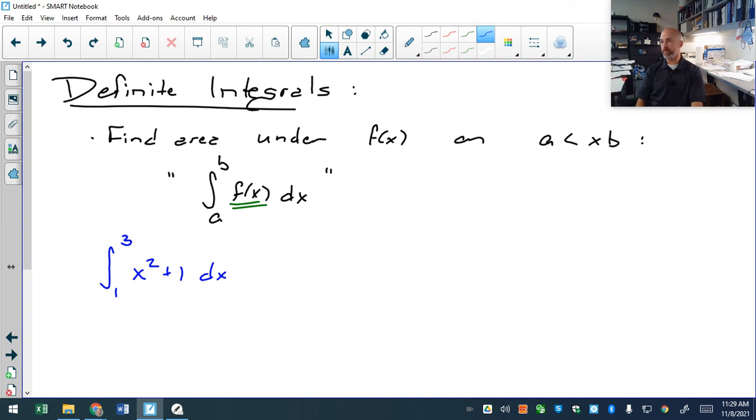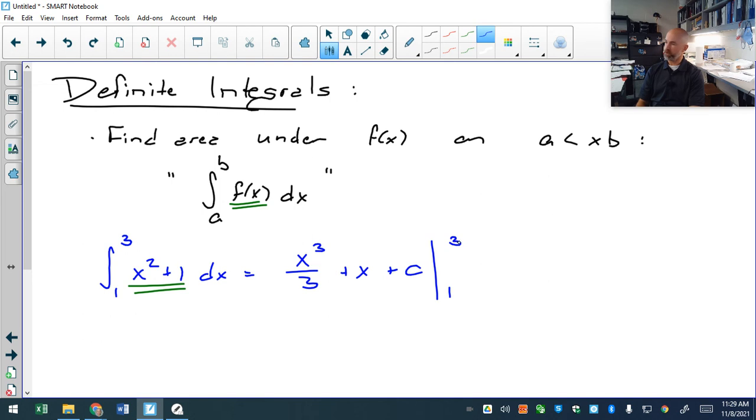Then there's a shortcut. And for the shortcut, you find the antiderivative of your function. What is the antiderivative of x squared plus 1? It would be x cubed over 3 plus x plus c, from, and we write a vertical bar, we evaluate that from 1 to 3.